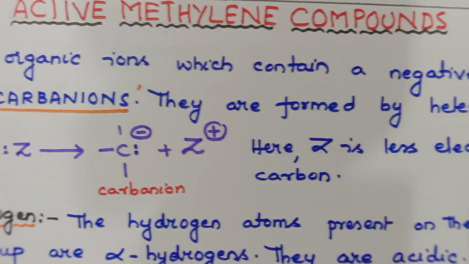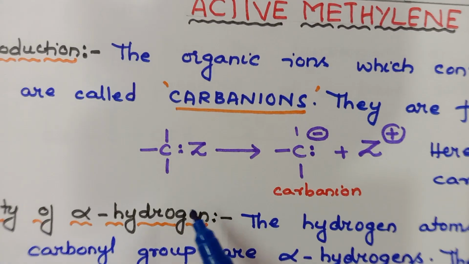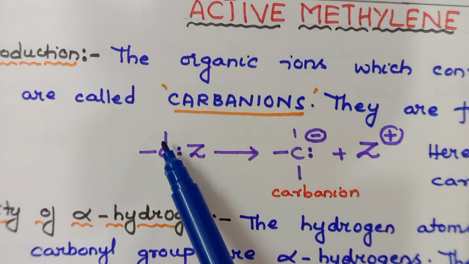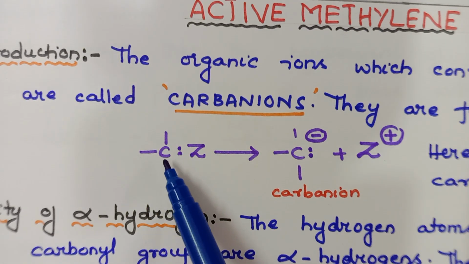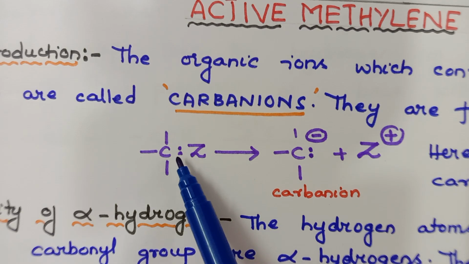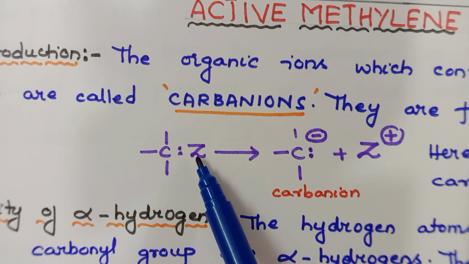Now you can see below, I have taken a compound like this, a carbon with three bonds. Generally carbon has four bonds, right? Its valency is 4, and I have mentioned one atom here as Z. This is also a bond. A bond means two electrons present between carbon and this atom.